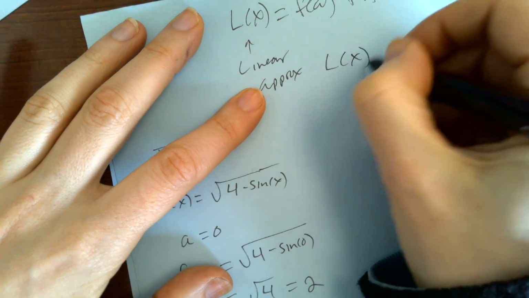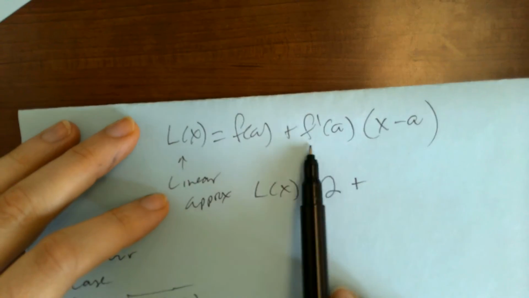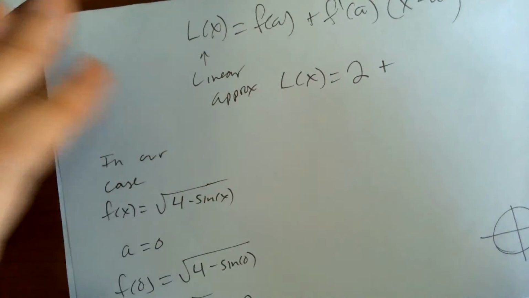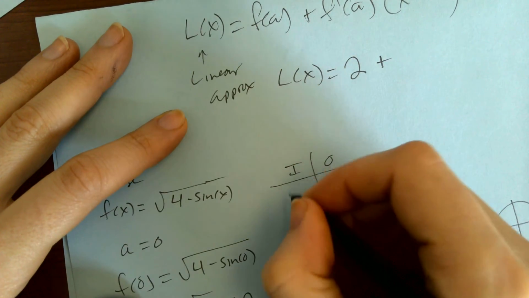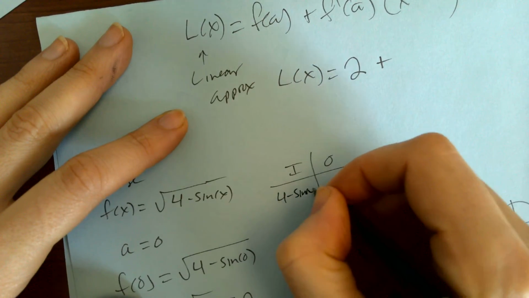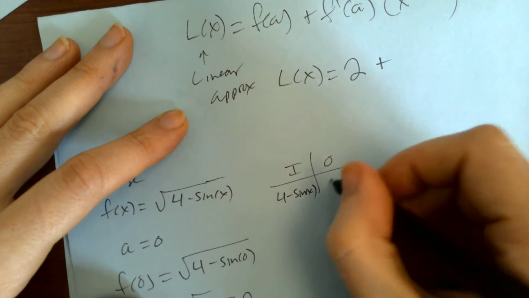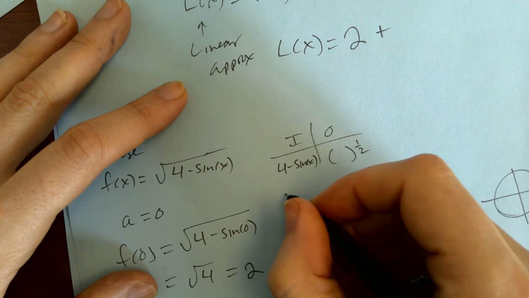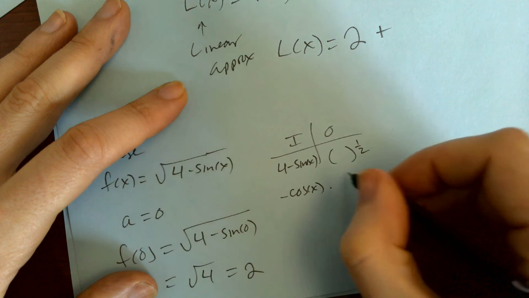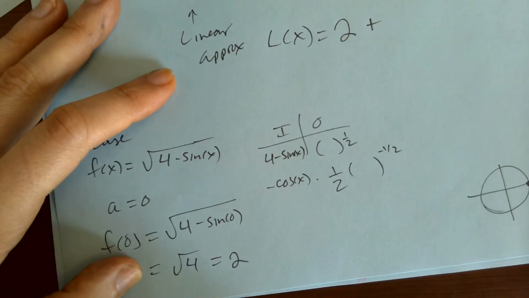So L of x is 2 plus, now we need f prime. Okay, so f prime, we're going to need to do this. All right, and then the outside is blank to the 1/2. All right, so the derivative of the inside is negative cosine times 1/2 blank to the negative 1/2.